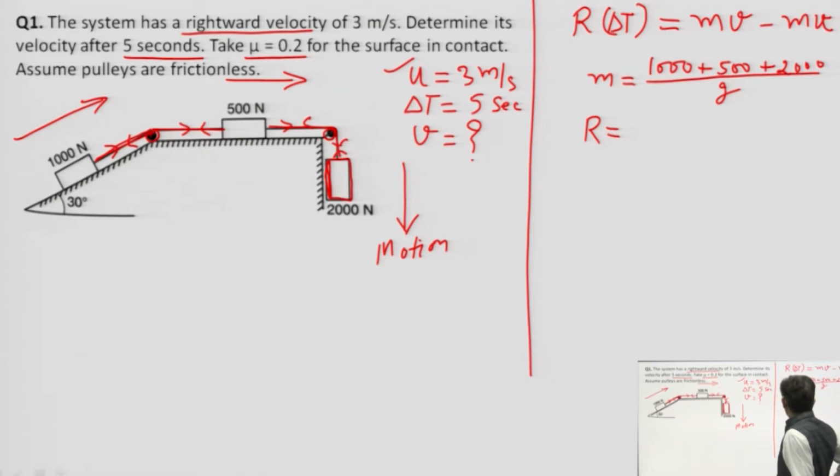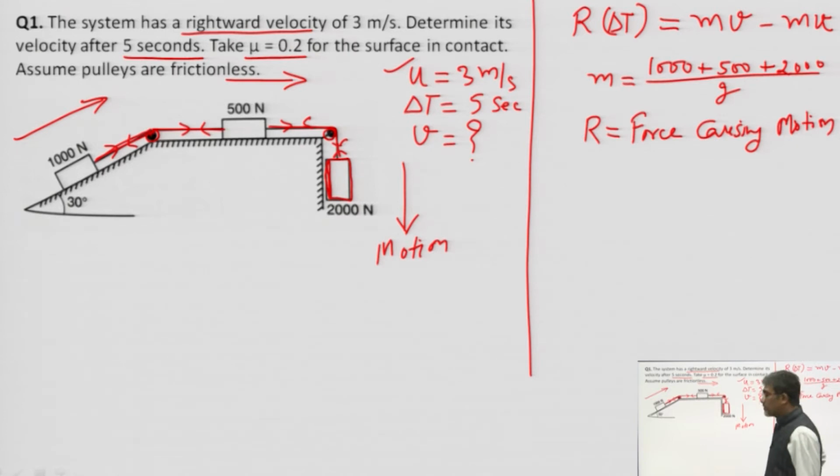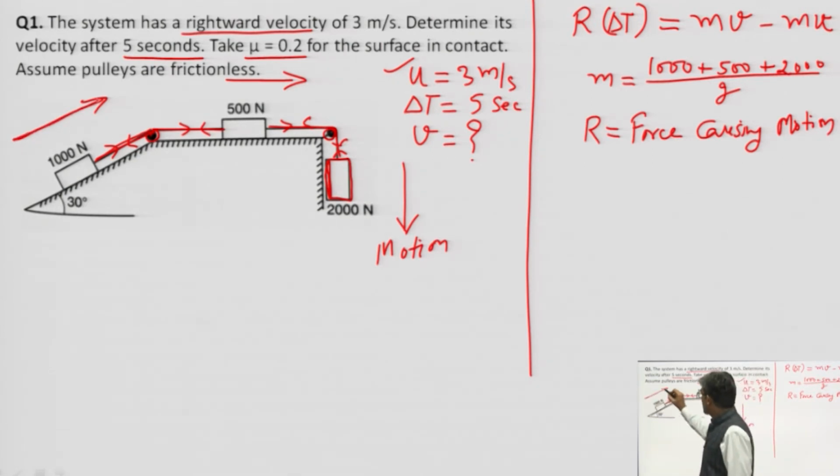How can we calculate the value of R? I told you that it is the force causing motion. To calculate this, we need to see the direction of the motion, and the direction of the motion is very clear. This block is going in this direction.